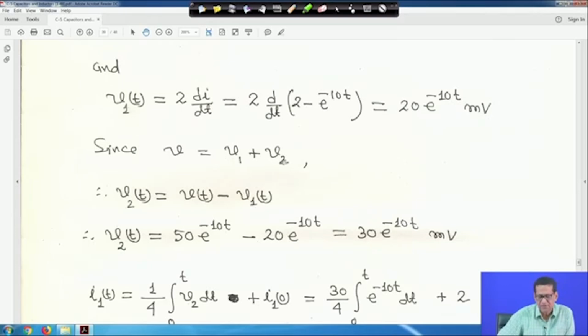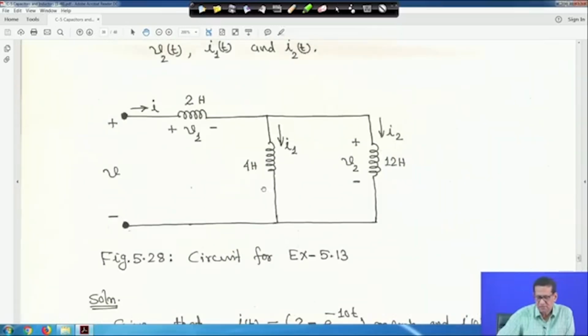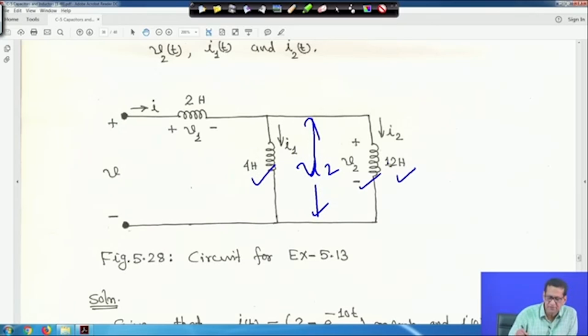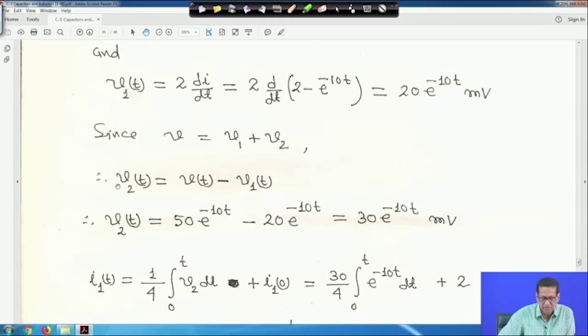Now since v is equal to v1 plus v2, applying KVL, v2(t) is equal to v(t) minus v1(t). v(t) we computed earlier as 50 e to the power minus 10t, and v1(t) is 20 e to the power minus 10t, so v2(t) is 30 e to the power minus 10t millivolt.